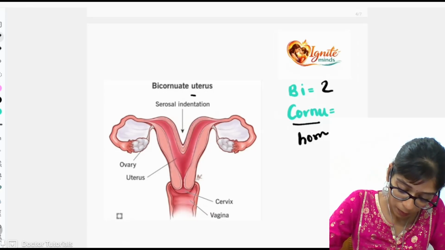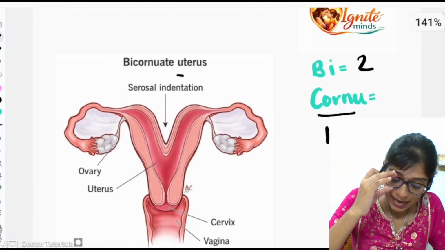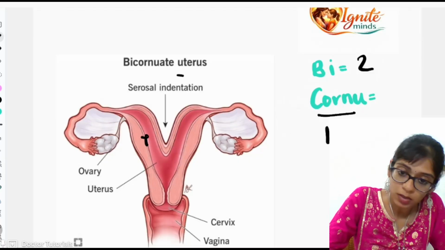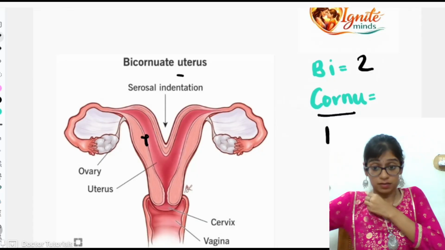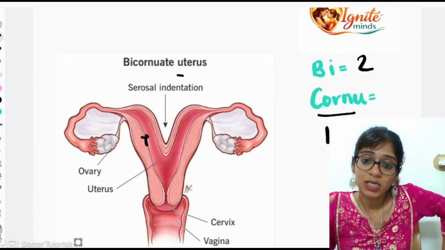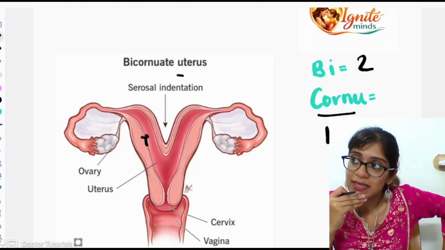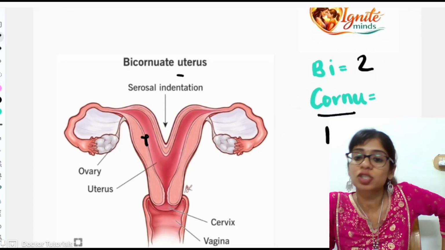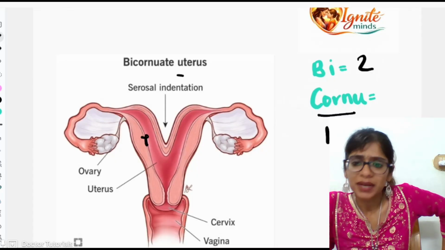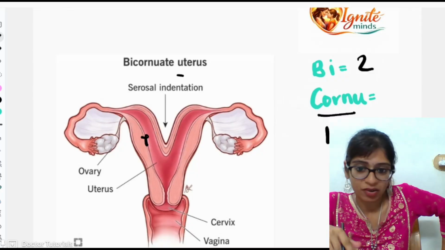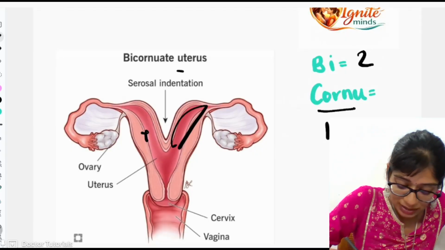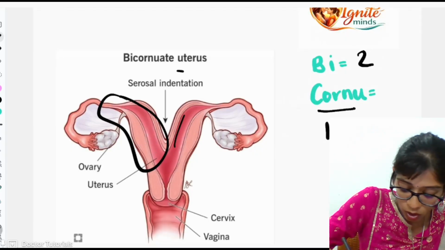Also, this is an anatomical malformation. So even if implantation occurs properly, the embryo may not be able to grow. There are actually successful pregnancies in uterine anomalies, but there are more chances of preterm delivery, breech presentation, multiple abortions and all. So this is bicornuate uterus, where it looks as though there are two horns of the uterus.